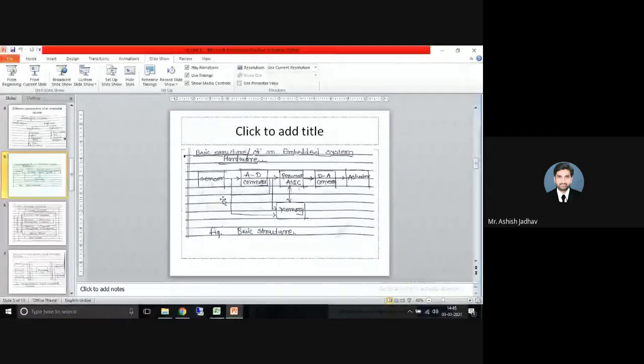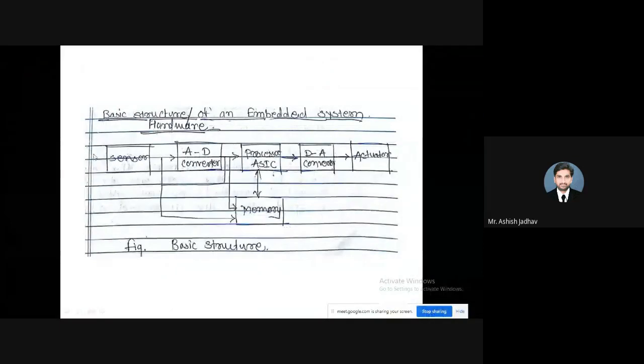In this block diagram, what you can see is sensor. Sensor will grab all the physical parameters that it can and produce the output, which is given to the analog to digital converter. This converts that data into digitized form. Here it will either send it to the processor, or at the same time it can save it on the memory.